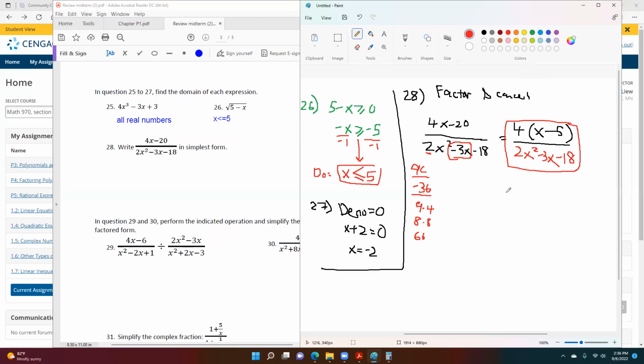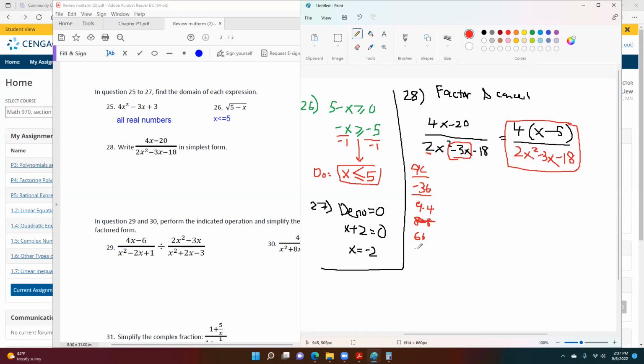So weird. I was looking at it too. Usually there is a pair that goes in there, and when you add and subtract, they give you a 3. But this is a weird one. This one cannot be factored. We call it prime. 6 doesn't work, 8 doesn't work, 9 and 4 doesn't work.